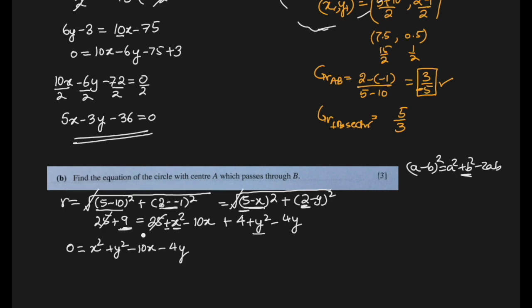This was minus 9 which came to the right, minus 9 plus 5 is minus 5. If you want to rearrange this equation, it can be written as x squared plus y squared minus 10x minus 4y equal to 5. That is the equation of the circle.